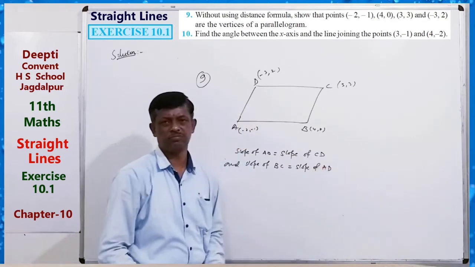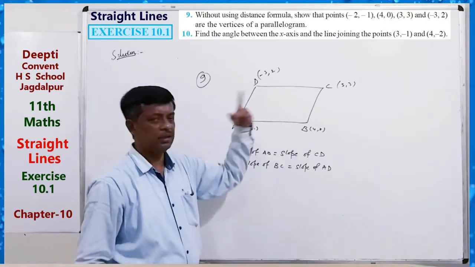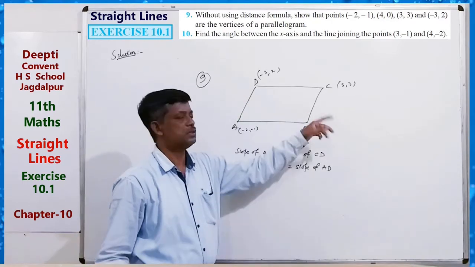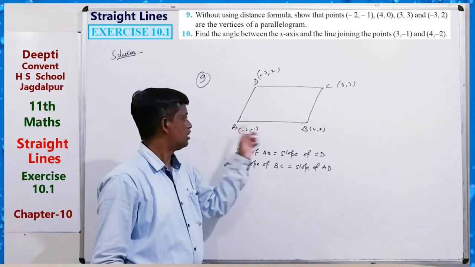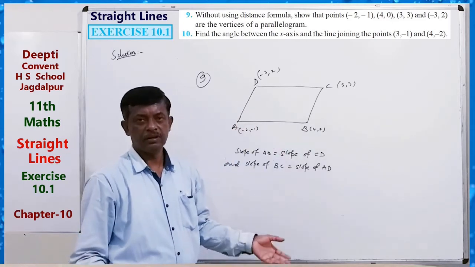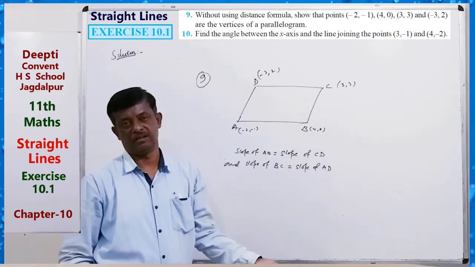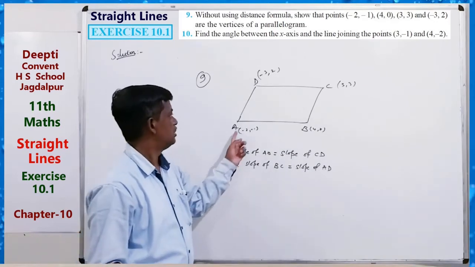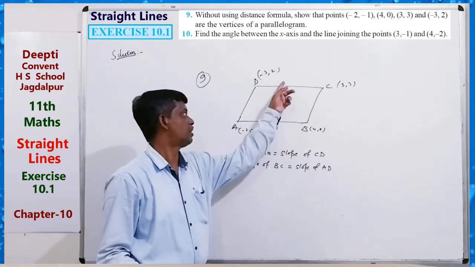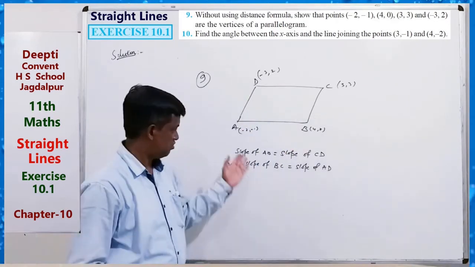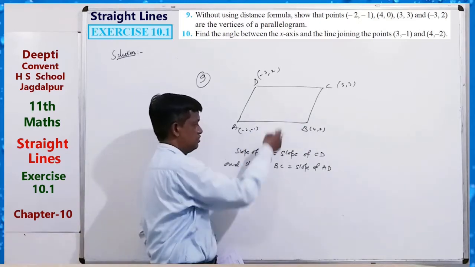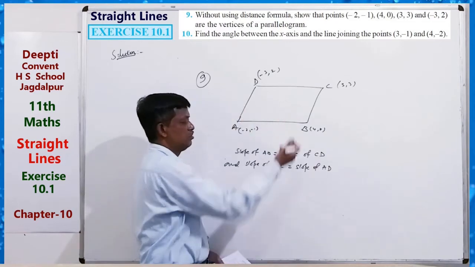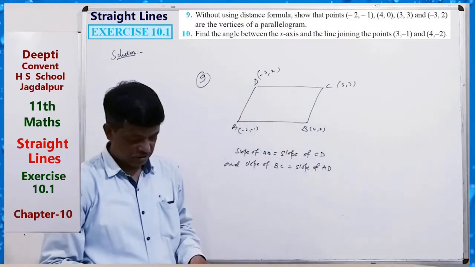Just find the slope of each. If they are the same, then quadrilateral ABCD has opposite sides parallel, because their slopes are the same. So you can prove it by finding the slopes. Do it yourself.